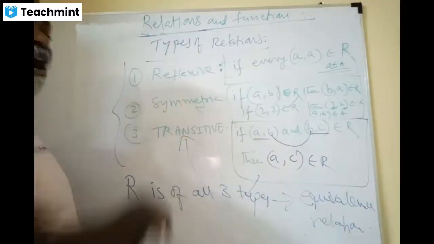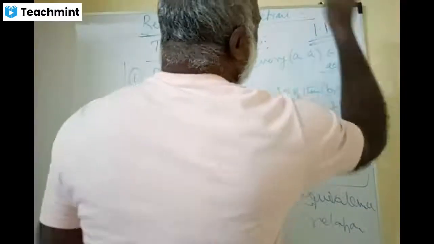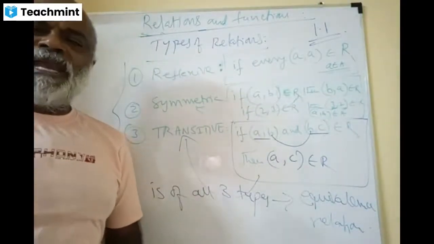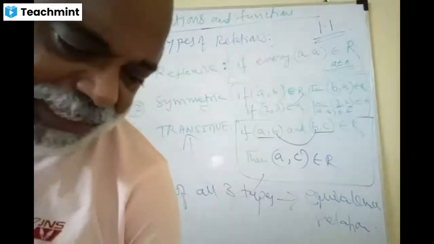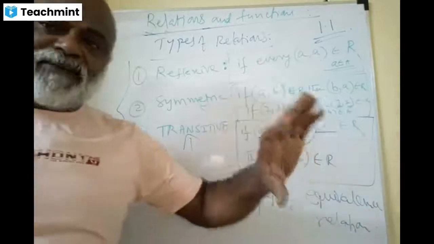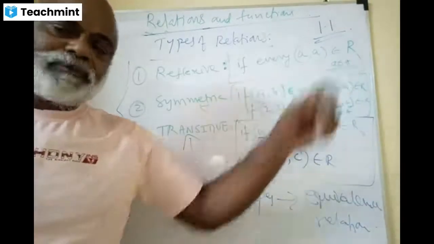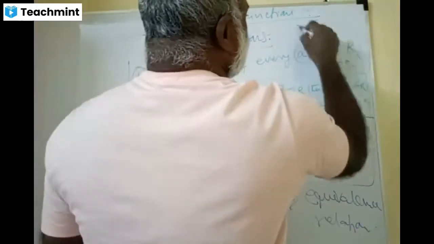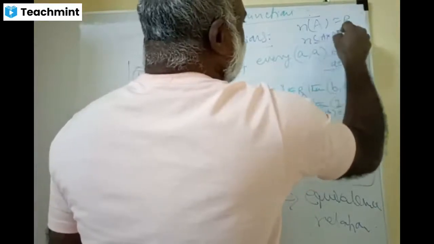Based on these facts, we have tomorrow exercise number 1.1 here. Meanwhile, you also try them. You have already done it, but make it more meaningful. I have defined a relation. I defined A cross A first. Then the number of subsets of A cross A is 2 power. Suppose I ask one more question: if n of A equals p, what is n of A cross A?